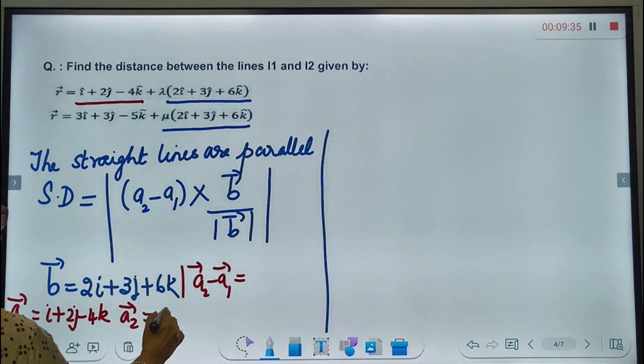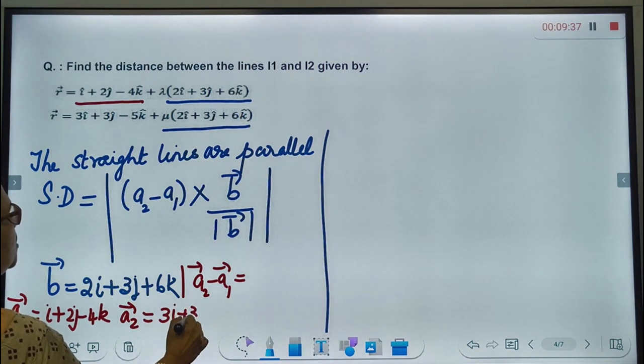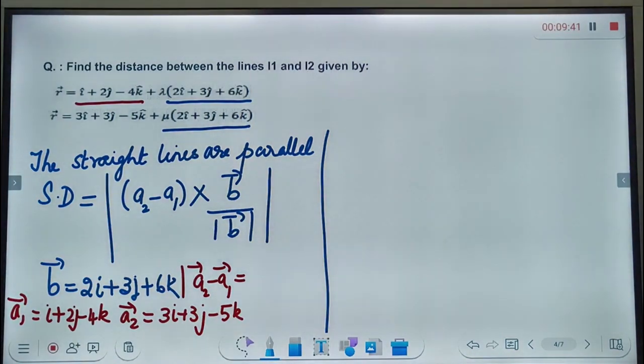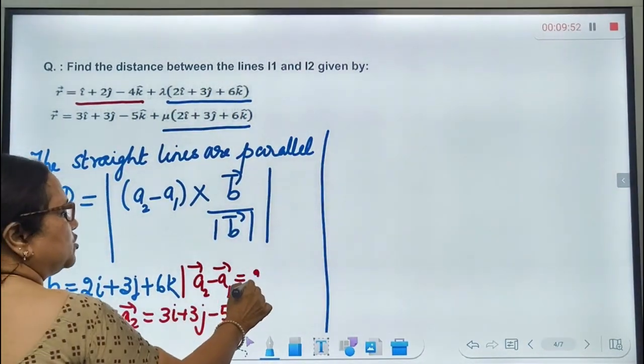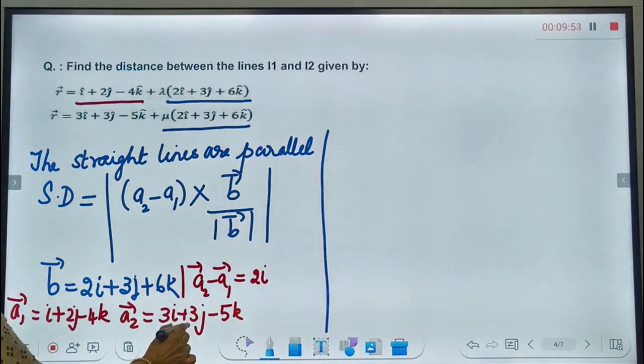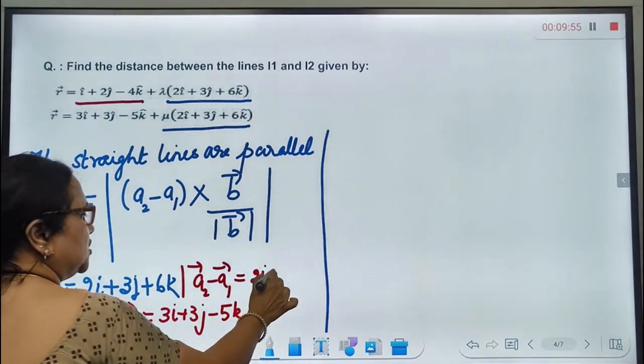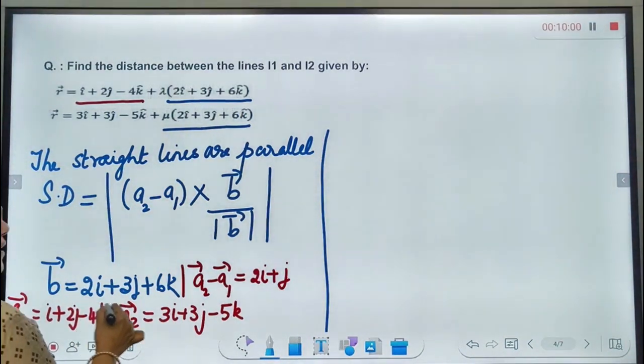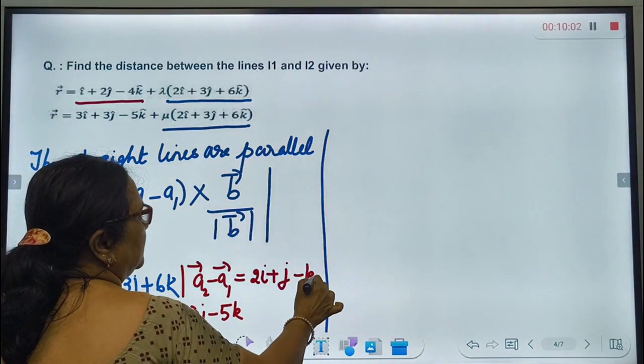A2 vector is 3i plus 3j minus 5k. So what is a2 minus a1? 3i minus i, which is 2i, plus 3j minus 2j, which is plus j, minus 5k plus 4k will give you minus k.